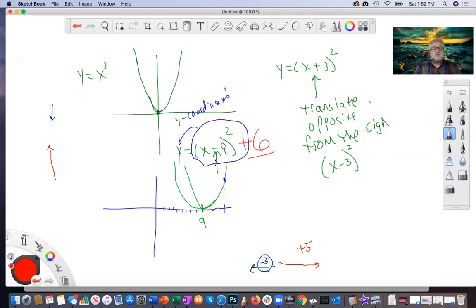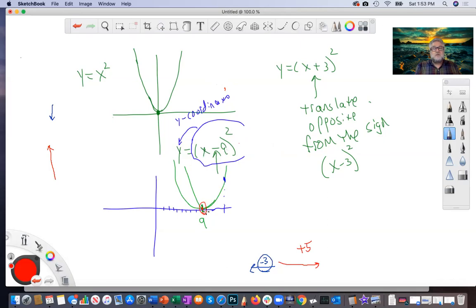And in fact, if I choose the vertex without this being here, when I put 9 in here, 9 minus 9 is 0. I get 0.